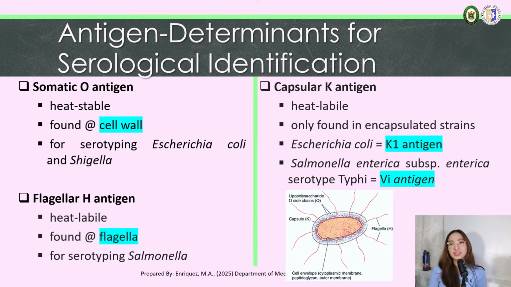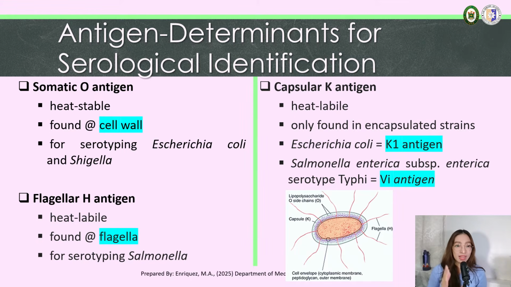The somatic antigen is otherwise known as the O antigen, which is heat stable. All right, heat stable siya, which would set it apart from the other two antigens kasi po itong dalawa, they are heat labile, meaning that they can be destroyed if the sample is subjected to heating.